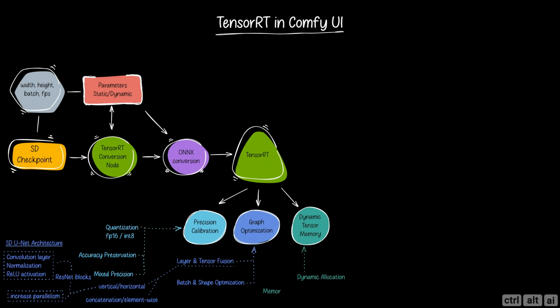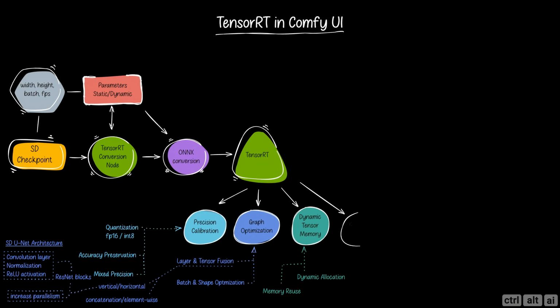It also reuses memory locations no longer needed by previous operations to store the results of new operations. This minimizes memory fragmentation and reduces the model's overall memory footprint. Overall, dynamic tensor memory in TensorRT optimizes GPU memory usage for efficient image generation with Stable Diffusion, preventing memory wastage and enabling handling of various input sizes.